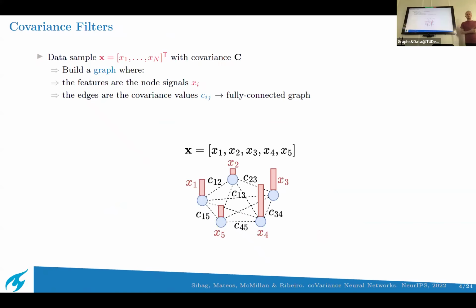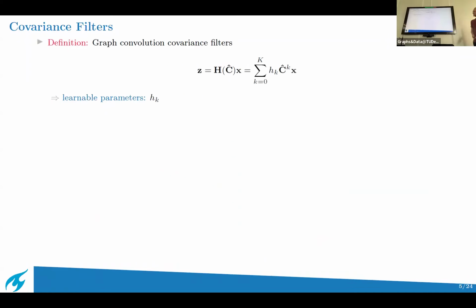Again, Sora introduced them very well before. So very briefly, you build a graph with the covariance matrix and your features become graph signals. In Sorab's case, it was cortical thickness measures, but it can be, I don't know, the altitude of a sensor on your wrist or your elbow, for example.